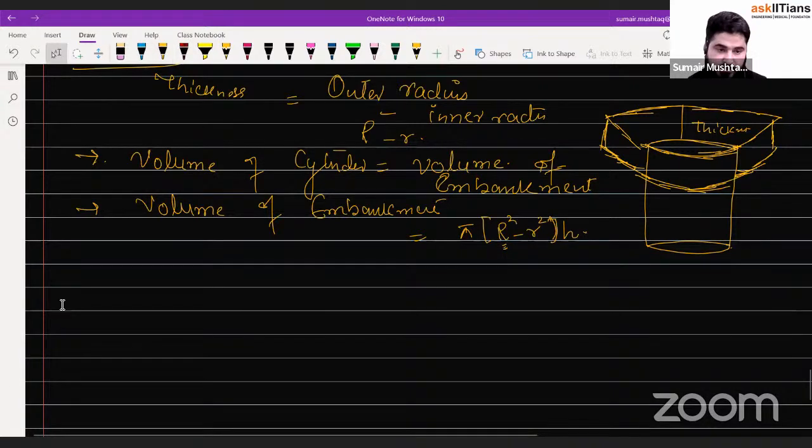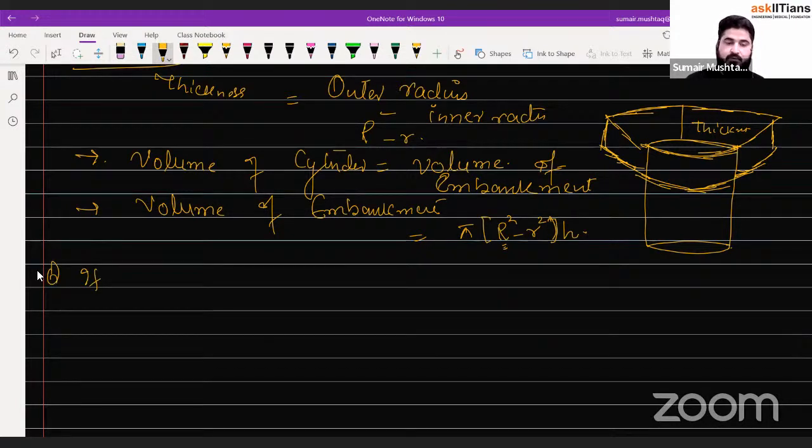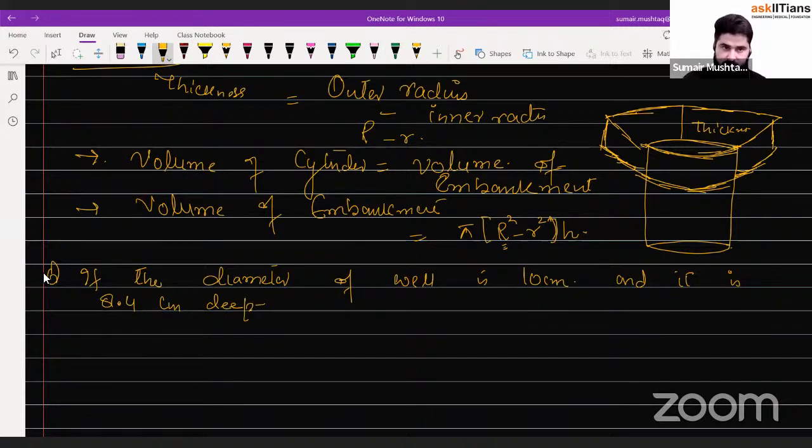The question is, if the diameter of a well is 10 centimeter and it is 8.4 centimeter deep. Centimeter deep means, what can you say about it? Height.